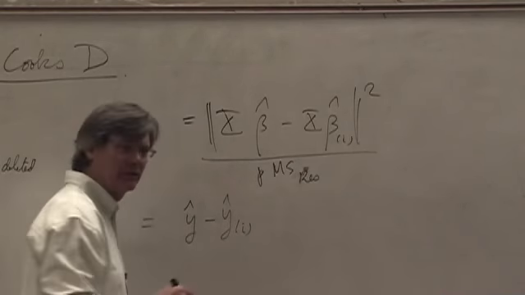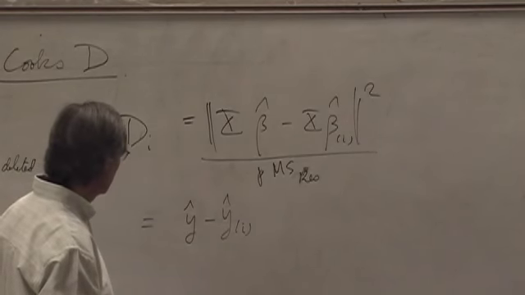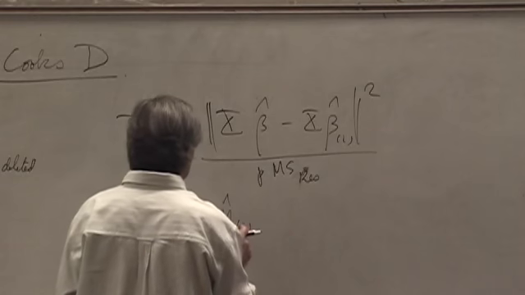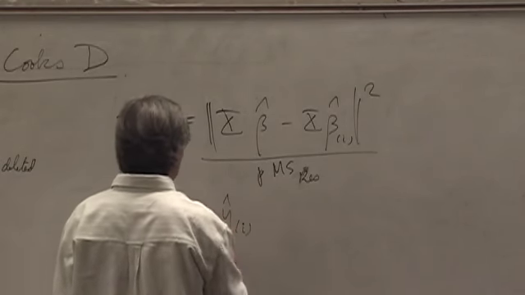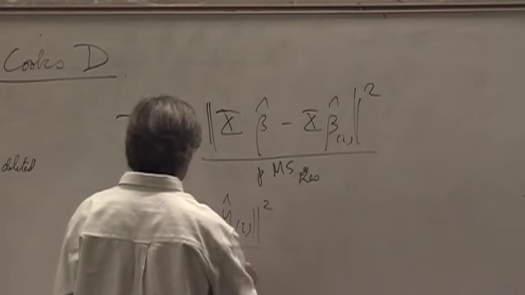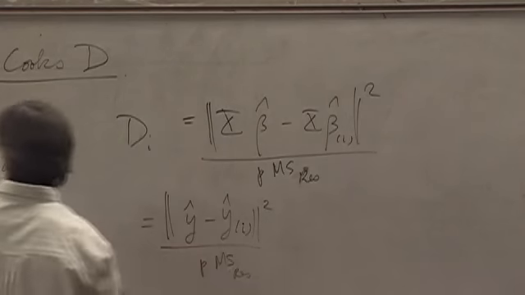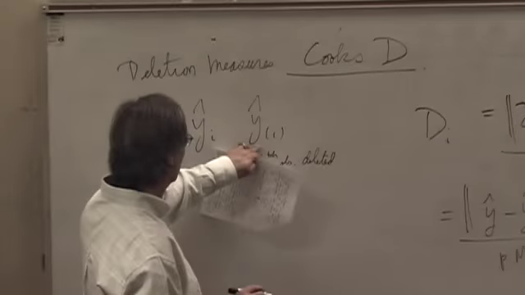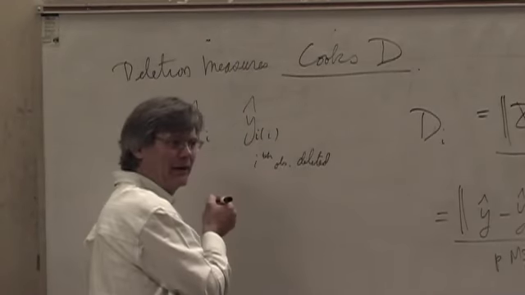Those are columns, right? Excuse me, what I mean is, I've deleted as a vector. Norm squared divided by p. The notation is a little bit complicated, because by this thing you think of the deleted value of y hat at the ith value. So I can actually put another i there.